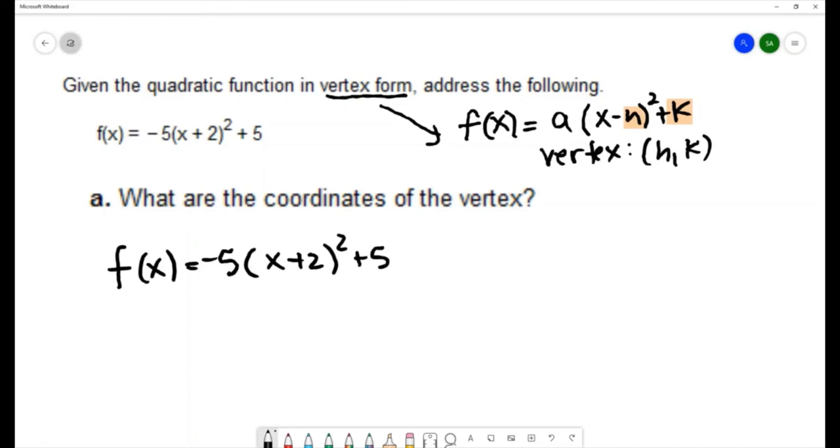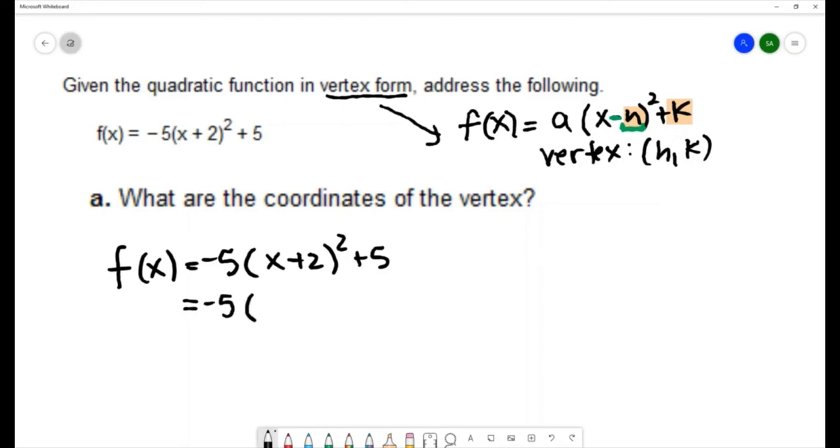If we look at the vertex form, the h, which is the x-coordinate of the vertex, follows the minus sign in that formula. In the example we have a plus sign, so I'm going to rewrite this.